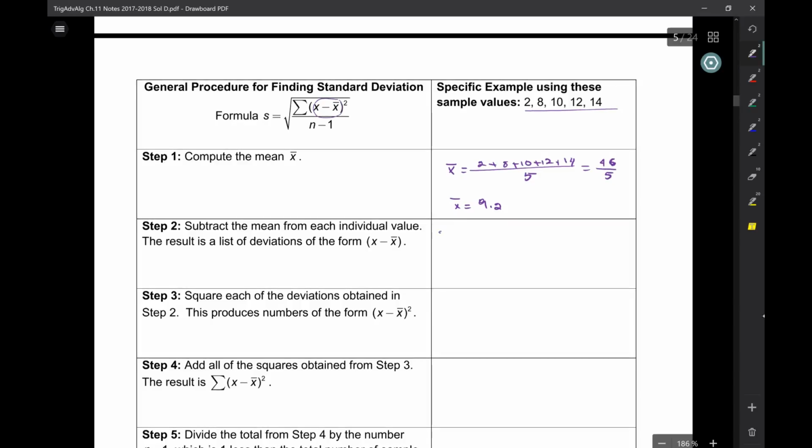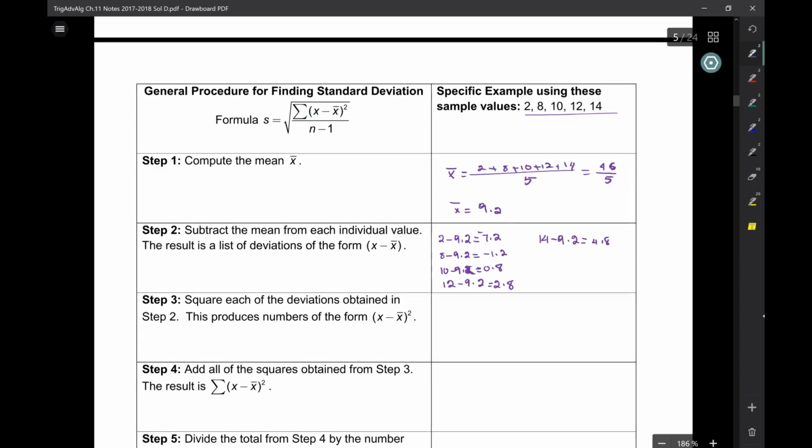So I'm going to do 2 minus 9.2, negative 7.2. 8 minus 9.2, negative 1.2. 10 minus 9.2, positive 0.8. 12 minus 9.2, 2.8. 14 minus 9.2, 4.8. Okay, let's go back to the formula.